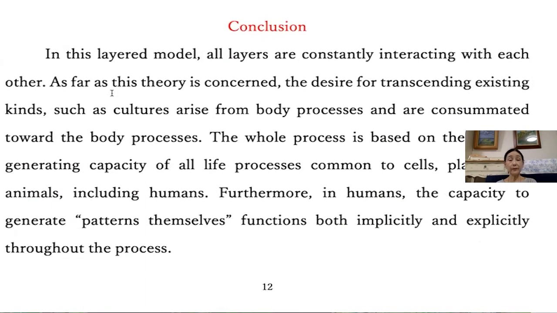Conclusion. In this layered model, all layers are constantly interacting with each other. As far as this theory is concerned, the desire for transcending existing kinds, such as cultures, arise from body processes and are consummated toward the body processes.